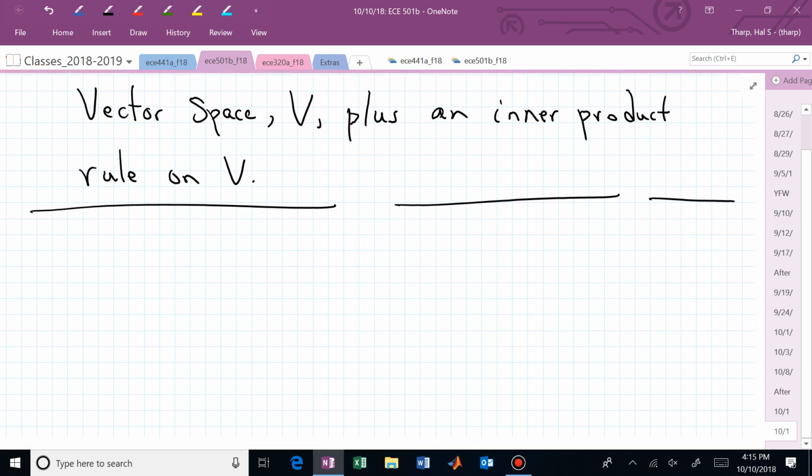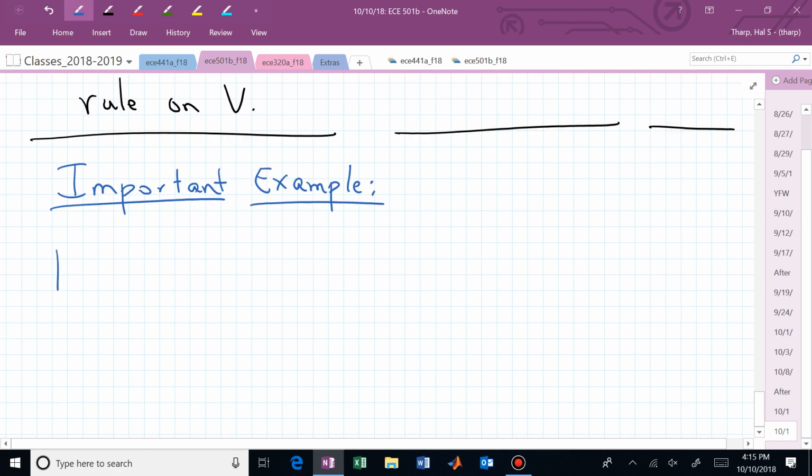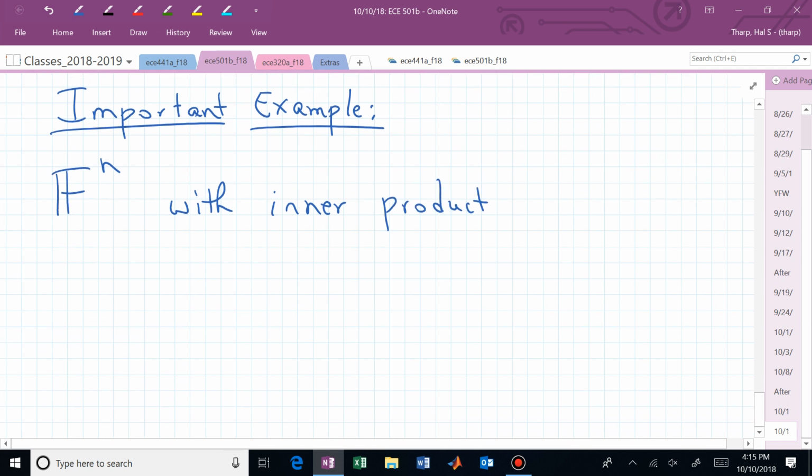Let's now look at an important example. Suppose we now have F to the n, where F again could be either real or complex. And let's now define the following inner product.